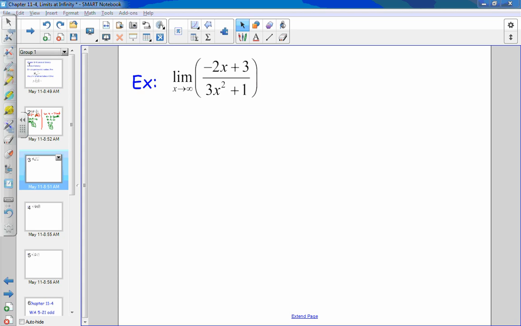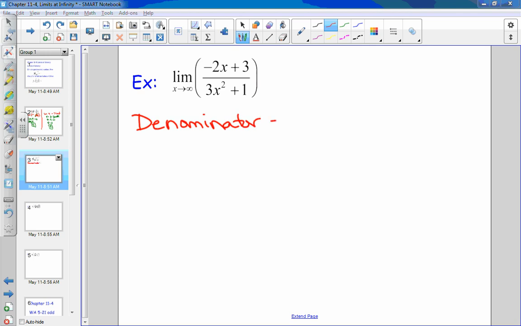I want you to look at your denominator. And in your denominator, find the variable with the highest exponent. And that's going to be, in this case, x squared. And what we're going to do is divide each term by that.